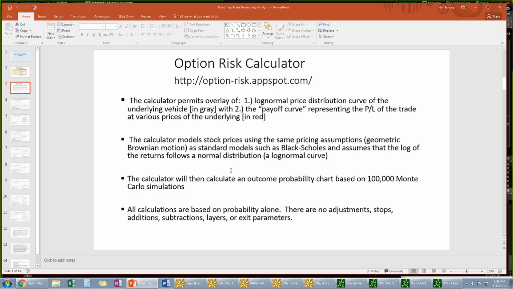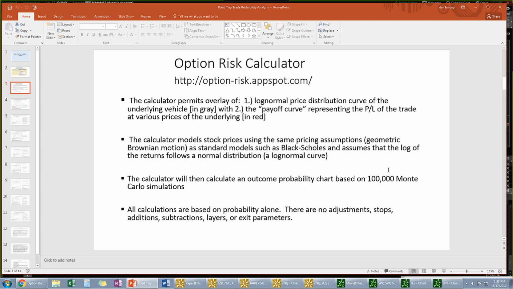The way that the calculator models this is the same assumptions as the Black-Scholes, that we have so-called geometric Brownian motion, meaning that, on any given day it might be up 3% or down 3% from the previous day, and there isn't any bias in terms of which way the market is moving. When this does the simulation, and it'll do 100,000 times, so it'll be 100,000 possible price paths over a 3 standard deviation range.